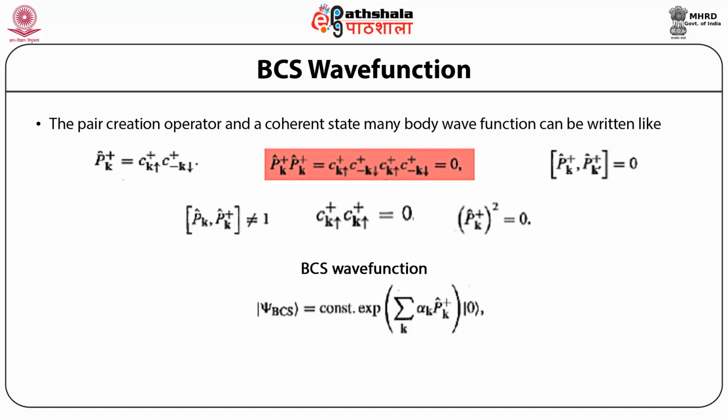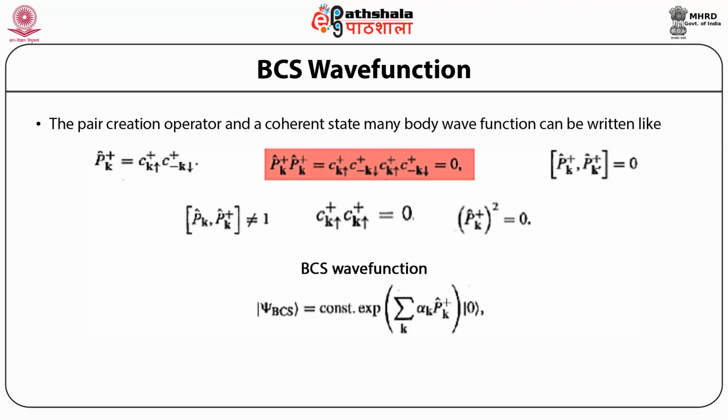You can use the basic commutator and anti-commutator relations here, and remember that the commutator of pk dagger and pk prime dagger is always equal to 0. The anticommutator of pk dagger is not equal to 1. ck up spin dagger into ck up spin dagger is equal to 0, and pk dagger whole square is also equal to 0.